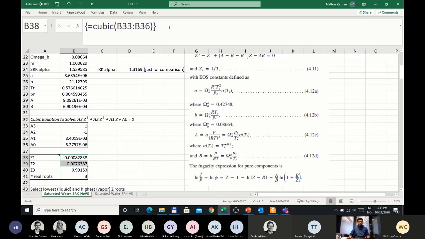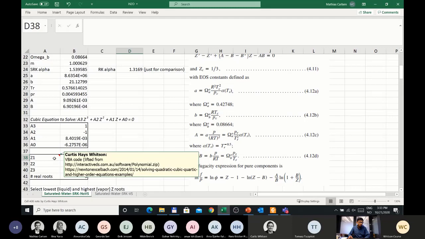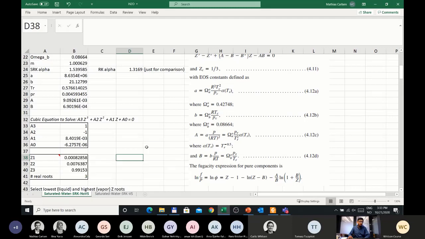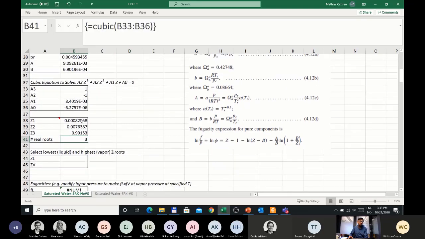That's just the code taken from a VBA code lifted from this website, just to solve the cubic equation. So it gives us 3 real roots, and what we take is the minimum root.